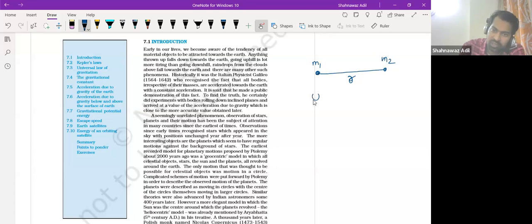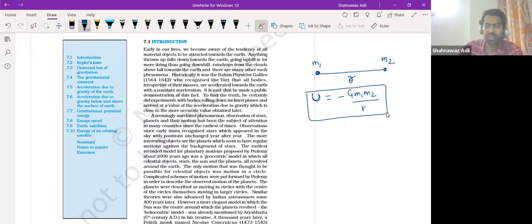Potential energy, gravitational potential energy, would be equal to minus Gm1m2 by r. This is the thing that we got in the previous class, right, guys? So potential energy arises due to the interaction between two masses, gravitational interaction.